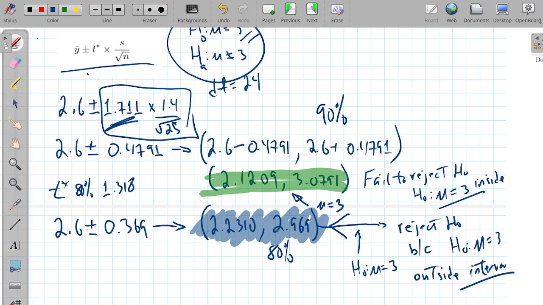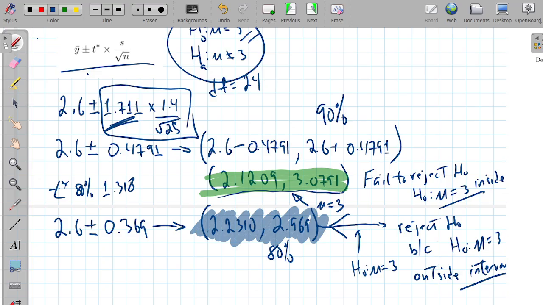And this is how we interpret confidence intervals regardless of the context, whether it's proportions, one sample or two. If the hypothesized value is inside the interval, you fail to reject, because the idea is that any value within an interval is equally likely or equally valid to be the true value of the unknown parameter.